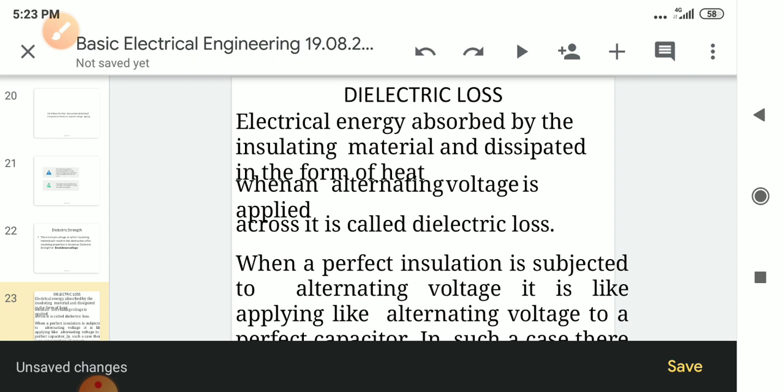Even though we apply voltage, the insulating material takes it, but it converts that electrical energy into heat energy and dissipates it in the form of heat. This is called power loss and it is known as dielectric loss. It must be less.